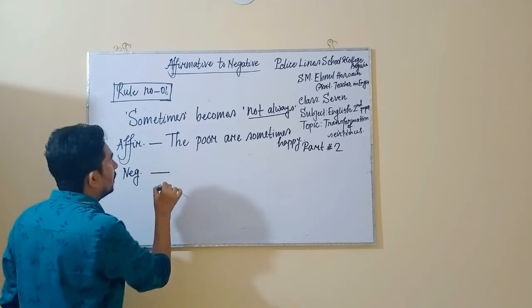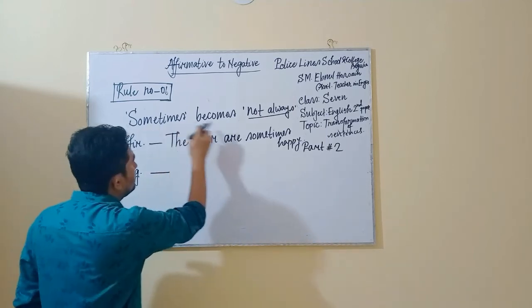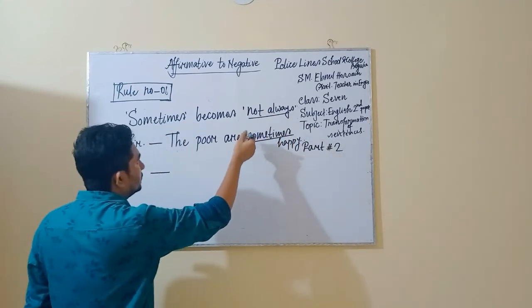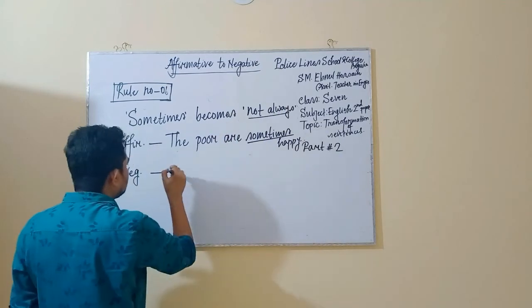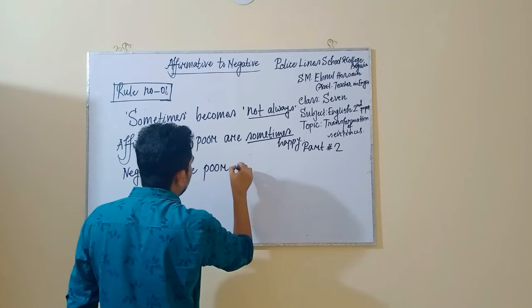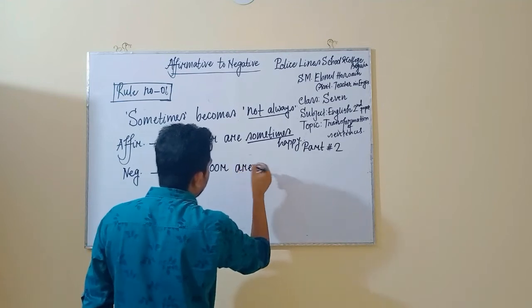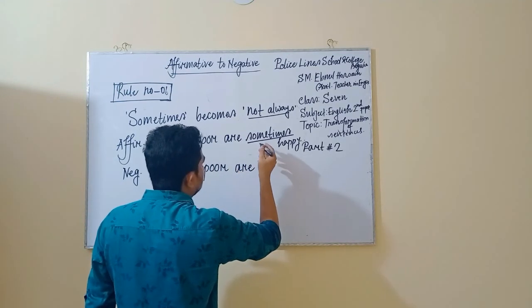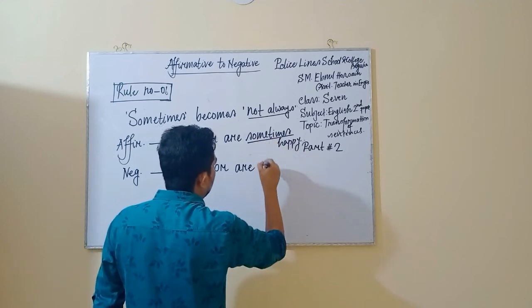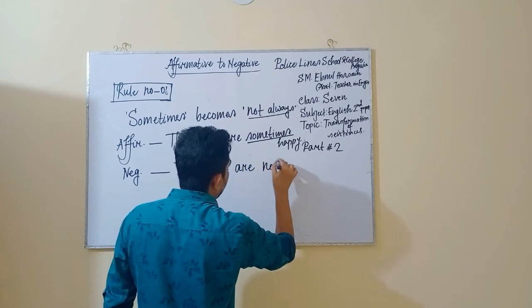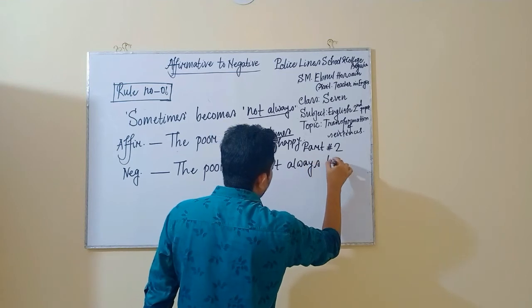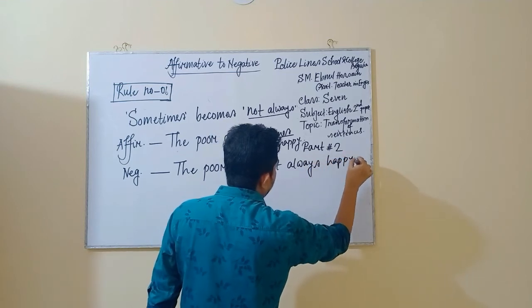We already said that sometimes becomes not always. So the poor are, in the place of the word sometimes we can use not always. So the poor are not always happy.